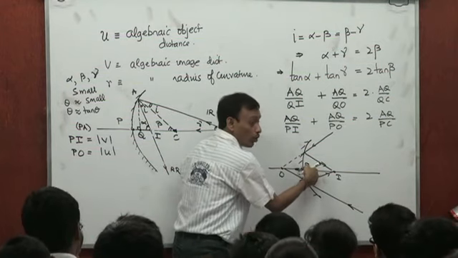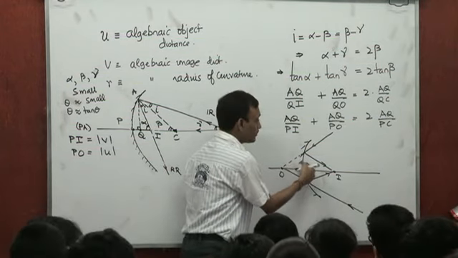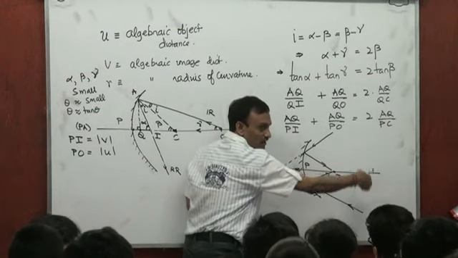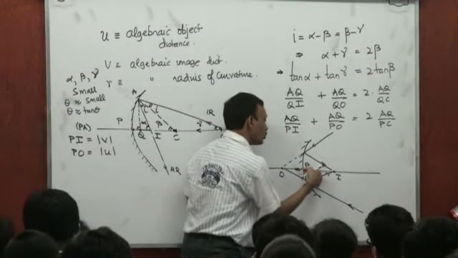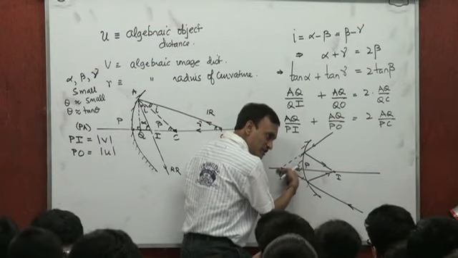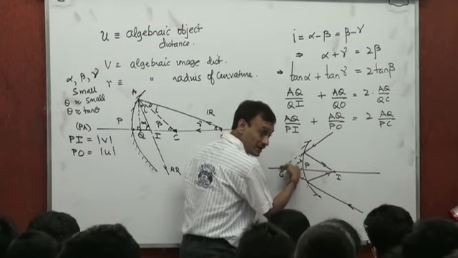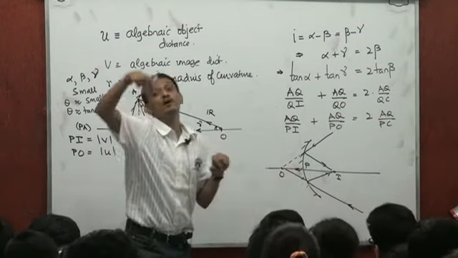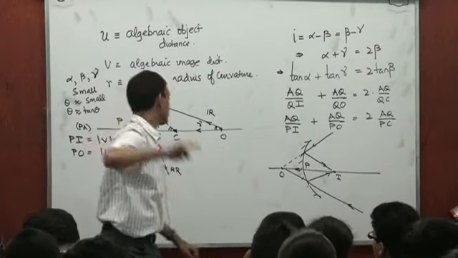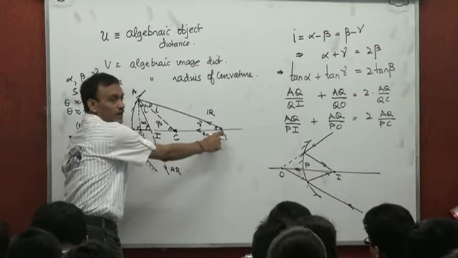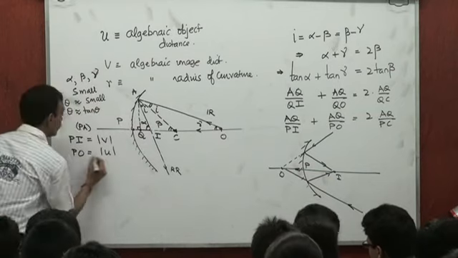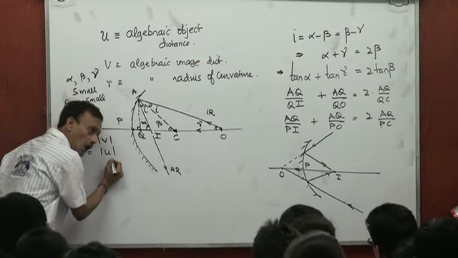So in this case, U would be negative. Why? Because this is the direction of the incident ray, whereas to locate O, you're still moving in the same direction as the incident ray. So U would have been negative. So U can be positive as well as negative. But the length PO is only positive. So PO is magnitude of the object distance.